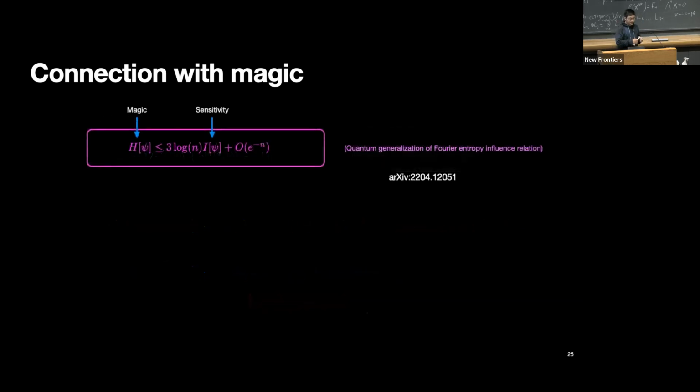And then we show the quantum Fourier entropy, or the magic measure, is upper bounded by the sensitivity or the total influence of the state up to a log n factor. And we call this inequality a quantum generalization of the Fourier entropy influence relation. It is a quantum generalization because there's a classical version.